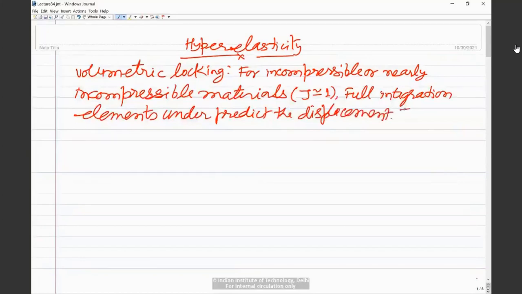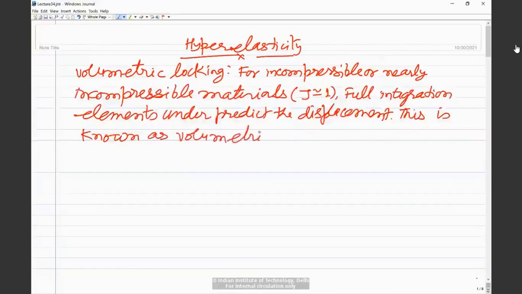So this is known as volumetric locking. This is similar to what we have discussed for the shear locking in plate bending elements. So it is somewhat similar.